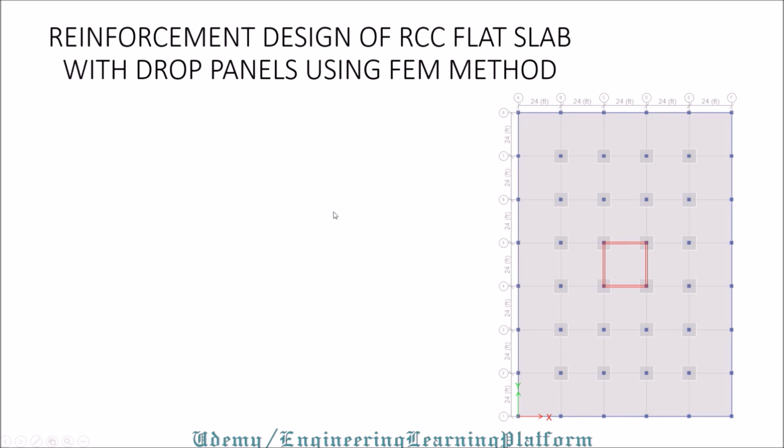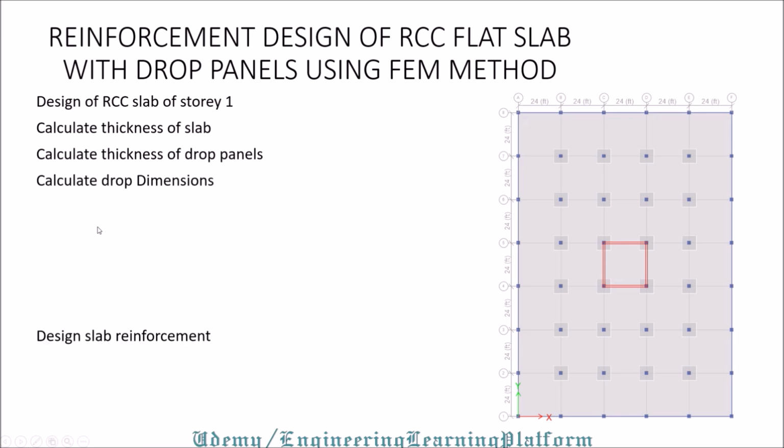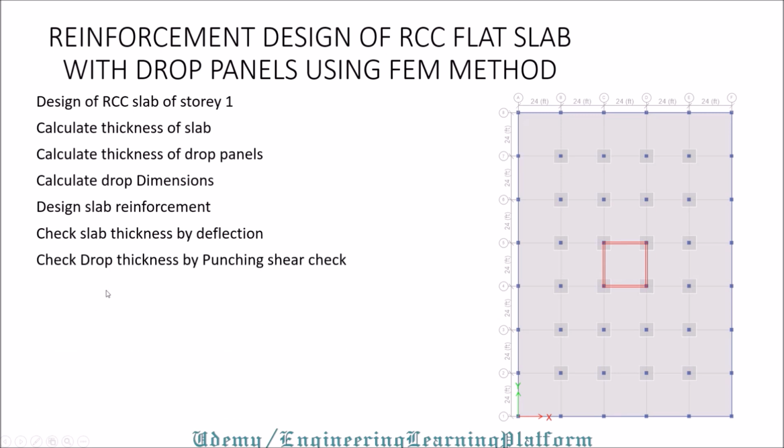In this lecture, we are mainly focusing on reinforcement design of an RCC flat slab, considering the same 20-story building design which we did in the Etabs Udemy course. Design of the reinforcement slab of story 1: calculate slab thickness, calculate thickness of drop panels, calculate drop dimensions, design slab reinforcement, check slab thickness by deflection, check drop panel thickness by punching shear check.